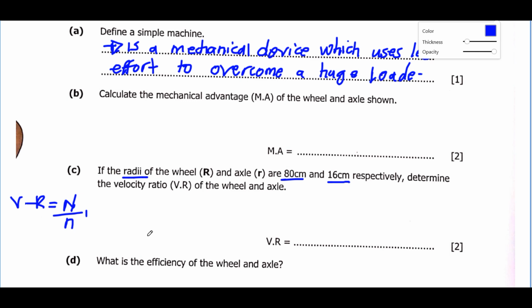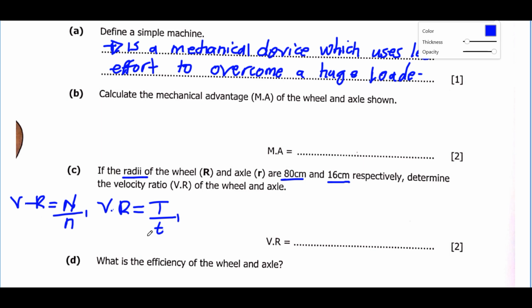Now, sometimes you may be given the number of teeth. So you say velocity ratio is equal to capital letter T over small letter t. So on top, the information is coming from the driven, then on the bottom is coming from the driver.